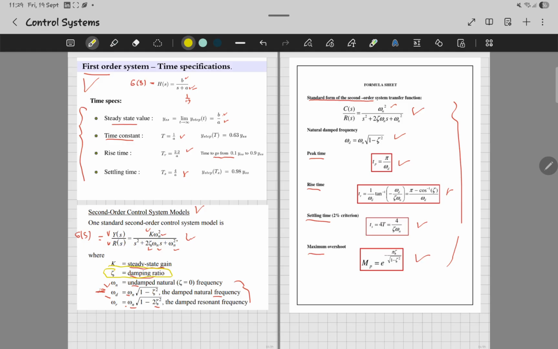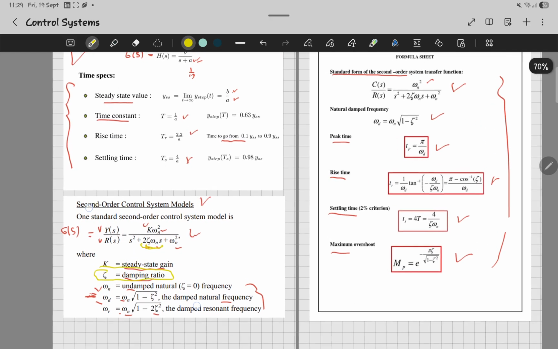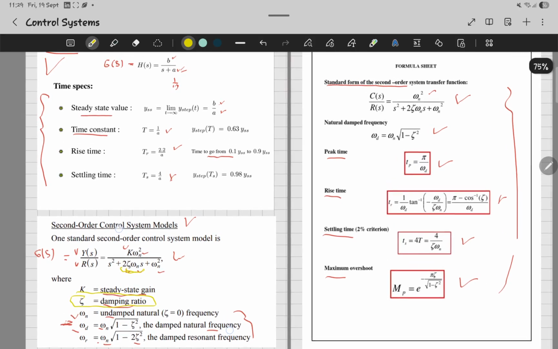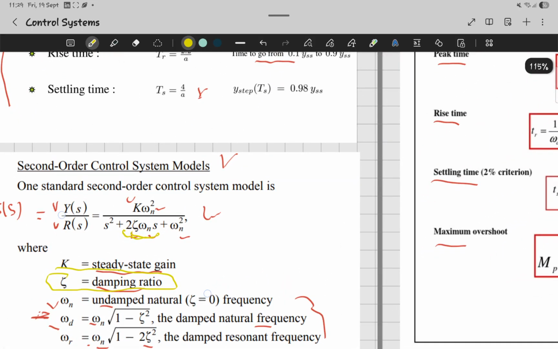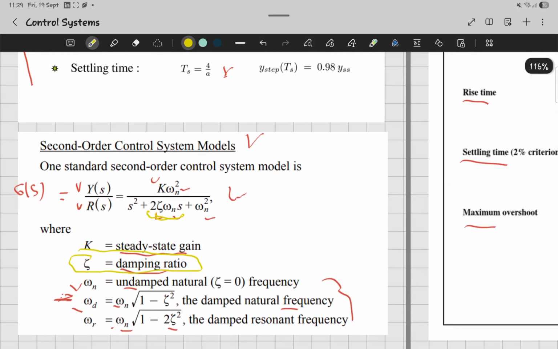So for you to know how your system behaves, you're just going to make this block equal. And if you want to know the formula for the damping ratio for the second order, you take this, it's going to be equal to 2 times the damping ratio times omega n times s.